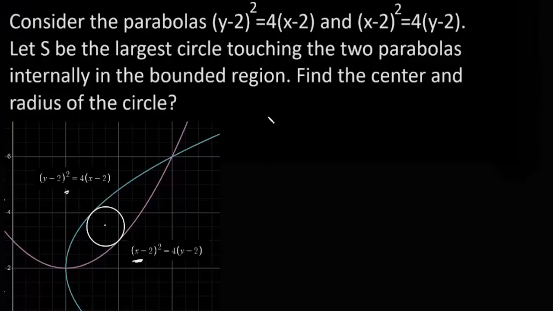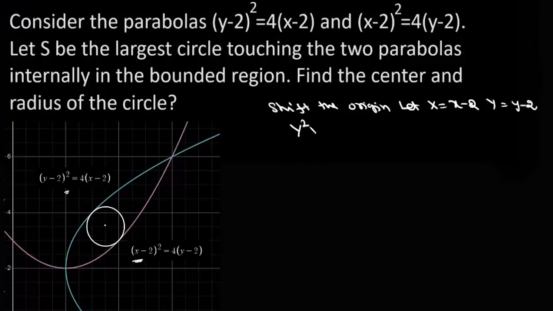Now in order to simplify the problem, we'll shift the origin and let capital X be x minus 2 and capital Y be y minus 2. So now our two equations are Y^2 = 4X and X^2 = 4Y, which are standard equations.